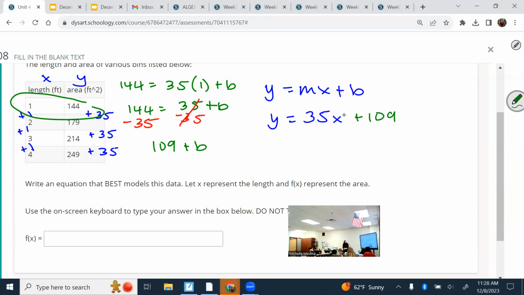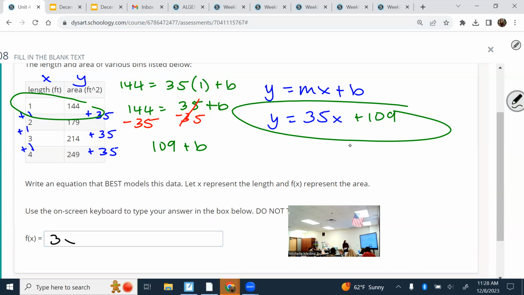And when you test it out, if you put in, for example, 1 times 35 plus 109, you'll get 144. When you do 2 times 35 plus 109, that's how you get 179. So this is my model. It becomes 35x plus 109.